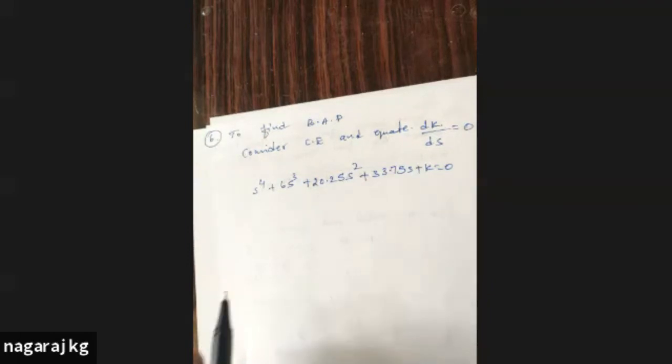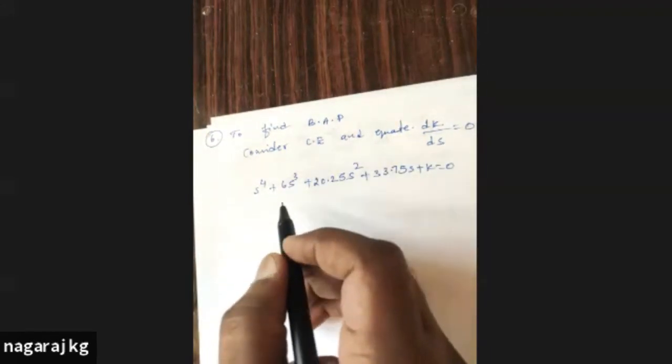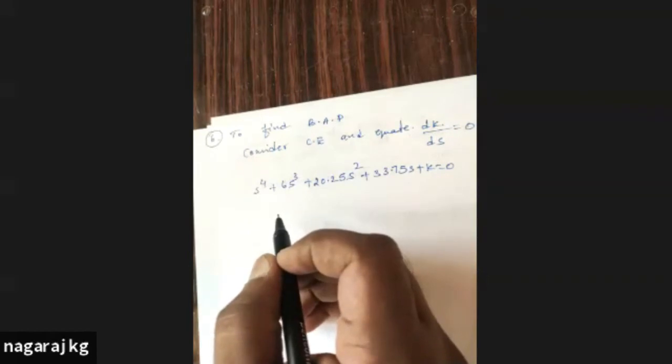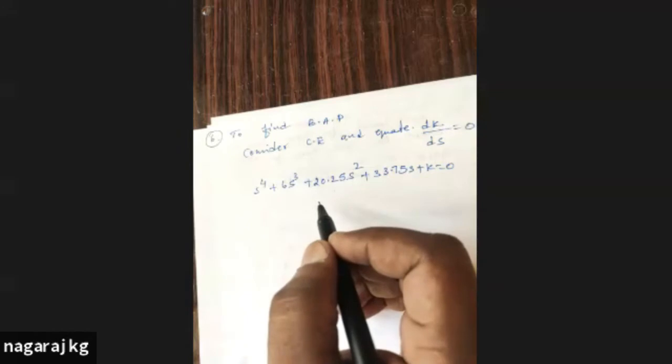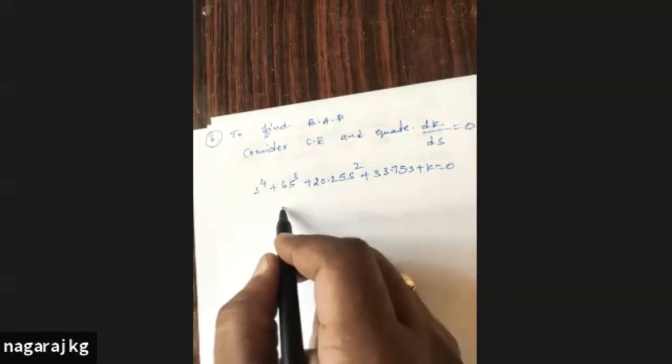Okay, try this. Once you have this characteristic equation, you find dk divided by ds.